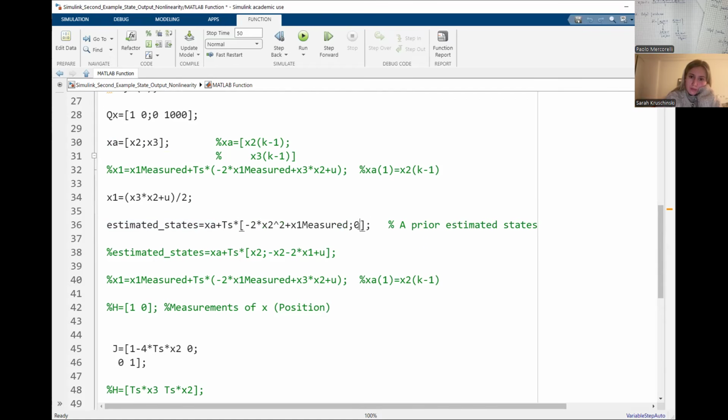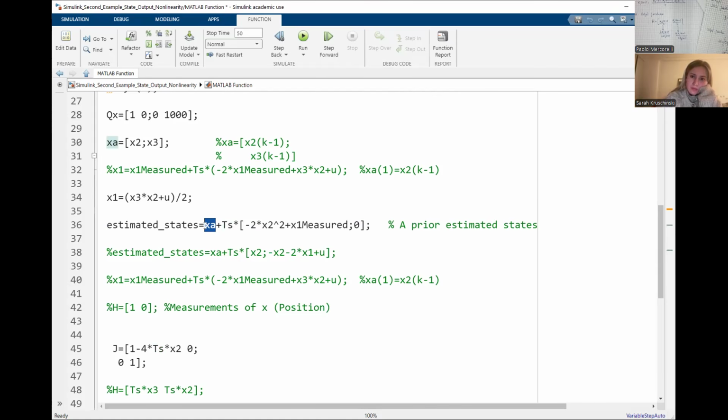I don't know if it's clear. This 0 here means exactly that x3 of k is equal to x3 of k minus 1. Because this is a vector which consists of a column with the elements x2 of k minus 1 and x3 of k minus 1.